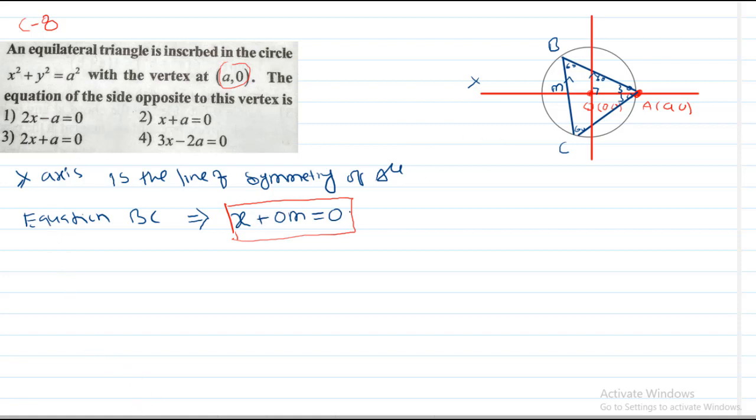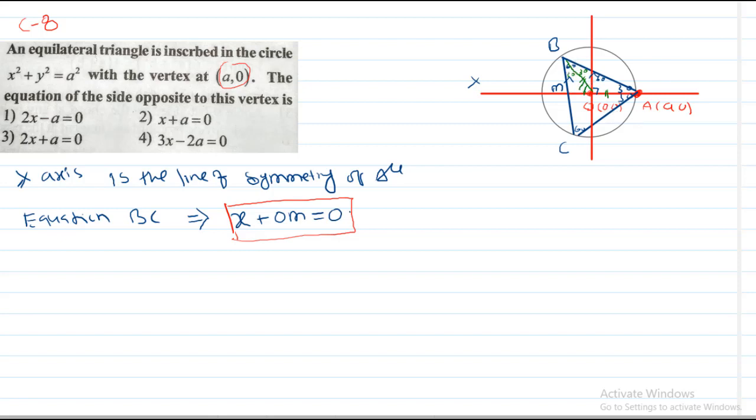Okay, for finding the value of OM, first join OB. This is a radius of the circle, this is also a radius of the circle, so it is isosceles. Here 30 degree, this is also 30 degree. It is the angular bisector. Here 30, here 30.